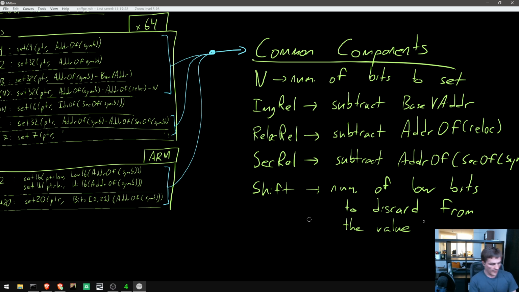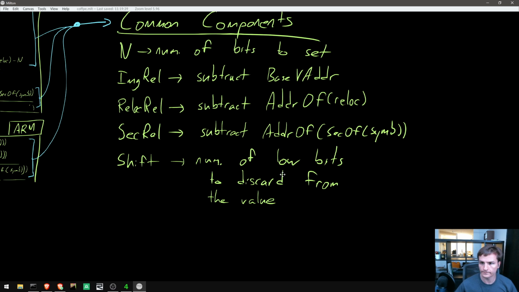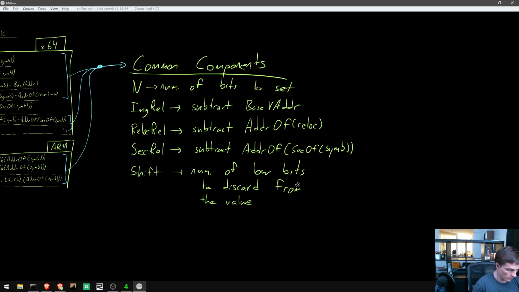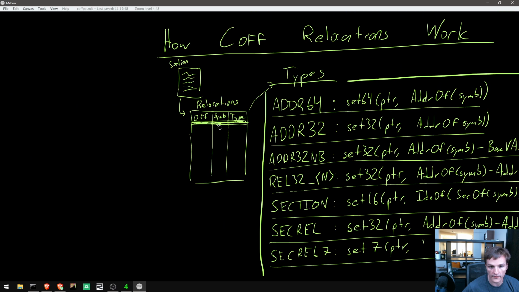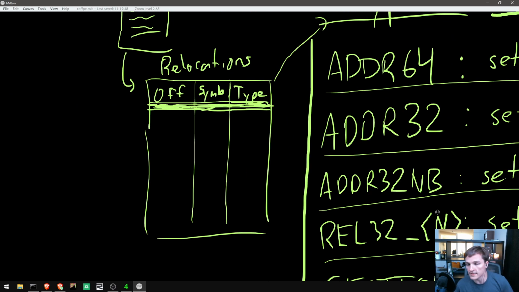And I think that's everything. So those are the common components, but of course there's a couple I'm skipping here. If we look back at what we originally had, we also have the offset and the symbol index, right?